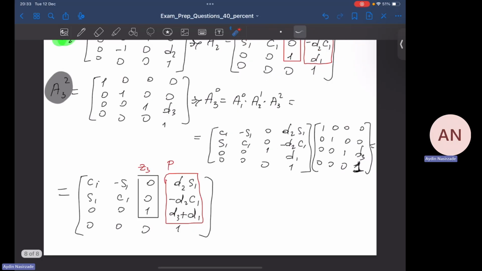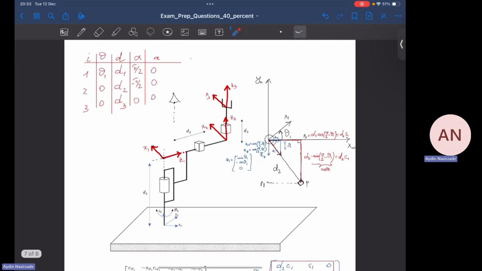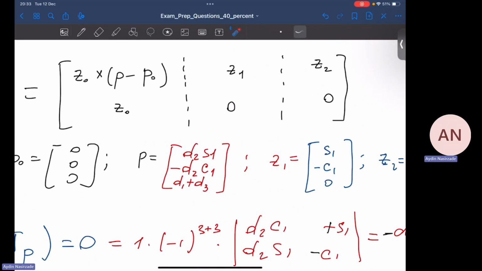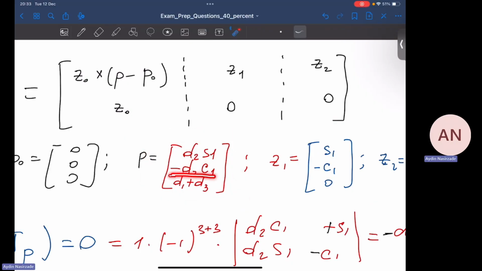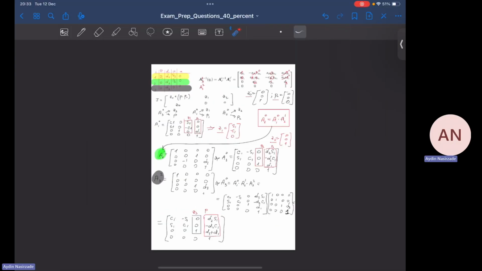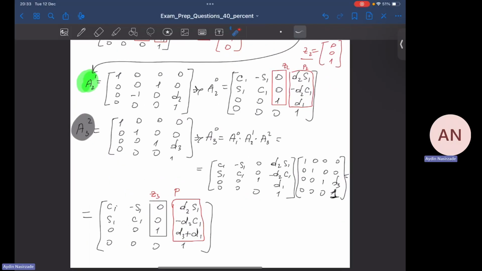Let's see if we have got the same result using the geometric inspection. Absolutely right, the same result: D1 sine of theta 3 minus D2 cosine of theta 3, D1 plus D3. You see that? We get the same results. No matter what you do, you are supposed to get the same correct answers only.